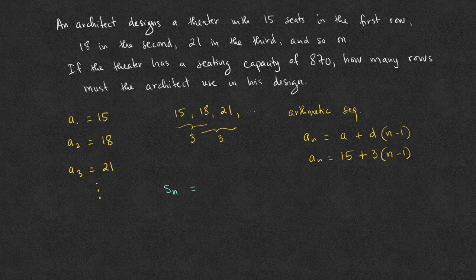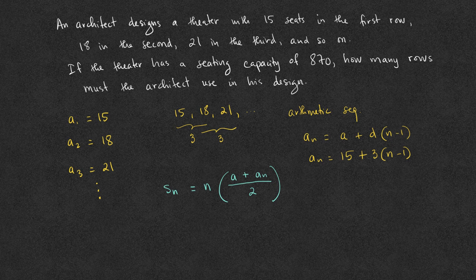There are n rows total in the theater. The sum is n times the initial term, which is the number of seats in the first row, plus a sub n, which is the number of seats in the last row, divided by 2.